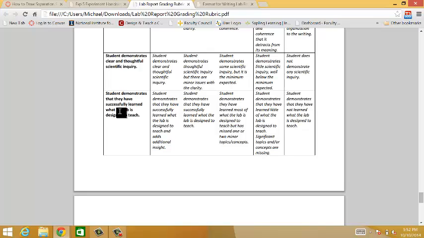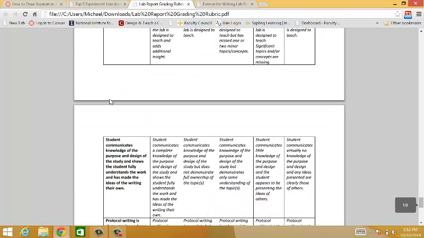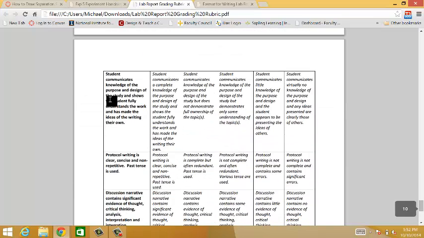If it's 50%, then I'm like, wait, hold on for a second here. What did they learn? And then I have to go back and look at the experiment, and I have to say, oh, I was stressing this, and that's what you picked up on. So this isn't about you, it's more about me. But tell me what you learned, because that's what I want. Ultimately, that's what the experiment is about, is to have you learn something.